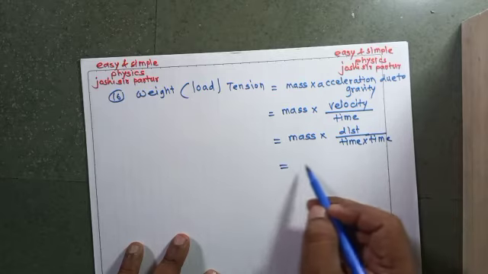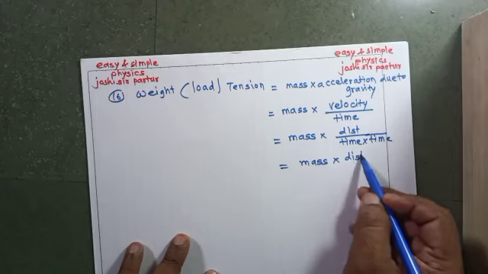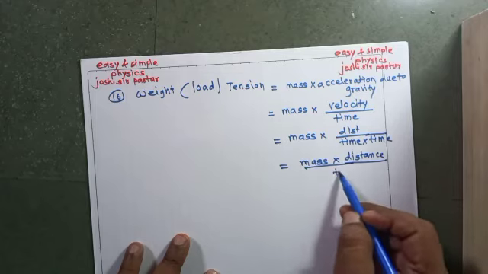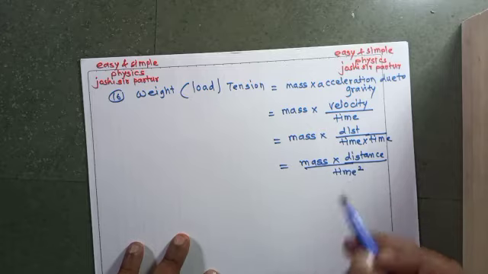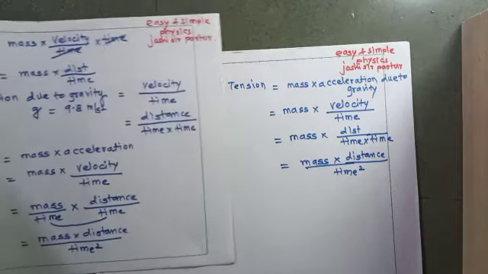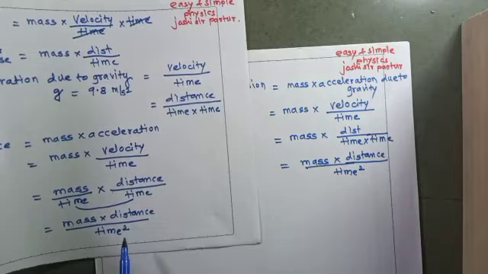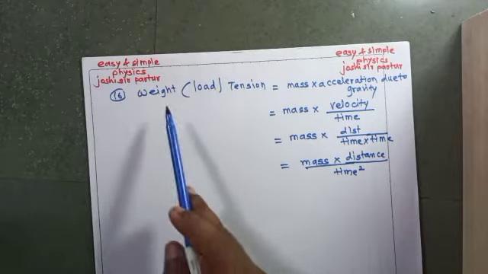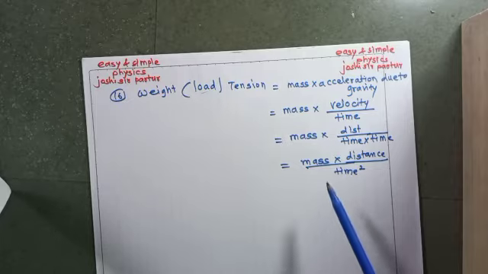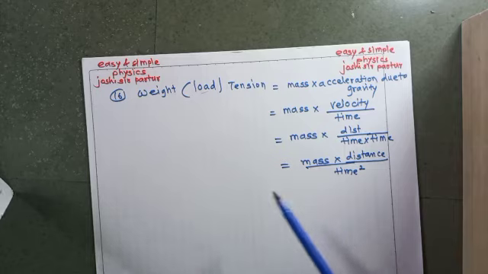So what happened? Mass multiplied by distance upon time square. We can see the force has the formula mass multiplied by distance upon time square, and weight, load, tension have the formula mass multiplied by distance upon time square.